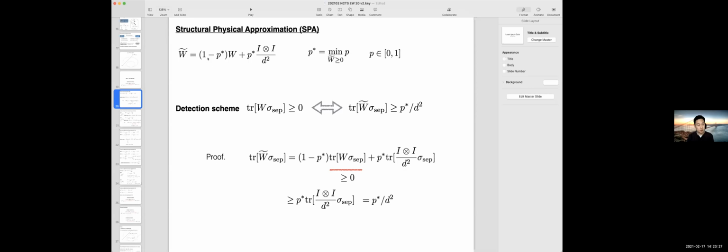Because W tilde is given here, we have a linear combination, and this part is certainly 1 divided by d squared, and this one is non-negative because we apply separable states, and therefore we have these bounds. So p star divided by d squared is the lower bound provided by all separable states. So the detection scheme is now translated to this inequality. Okay, so I didn't do anything meaningful. I just translated this detection scheme into this operator after SPA.